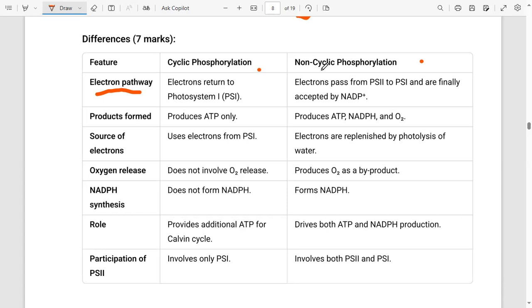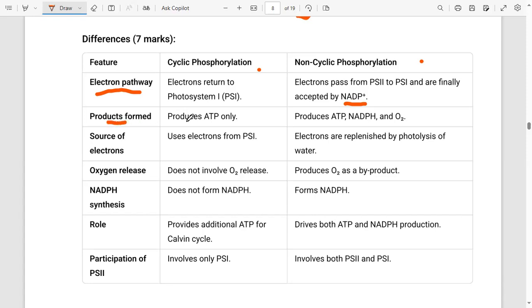Now in the non-cyclic phosphorylation, the electrons pass from PS2 to PS1 and are finally accepted by NADP+. These ones do not return to PS1.